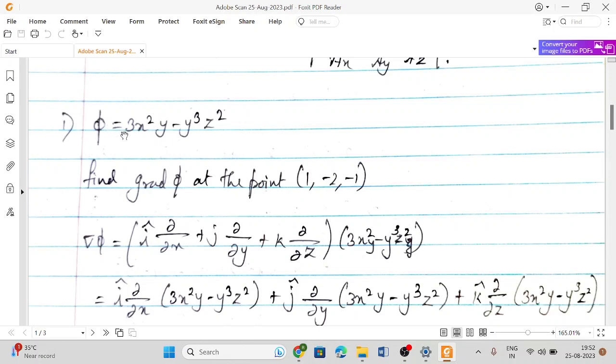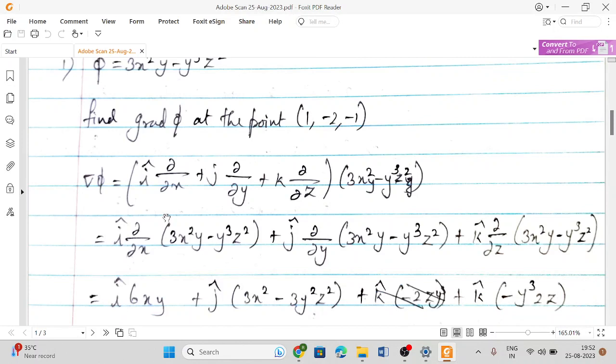So we have a gradient, right? Find the gradient of the scalar at the point 1, minus 2, minus 2. This is taken as x, y and z, right? So del phi is equal to i dou by dou x plus j dou by dou y plus k dou by dou z, applied to 3x square y minus y cube z square.